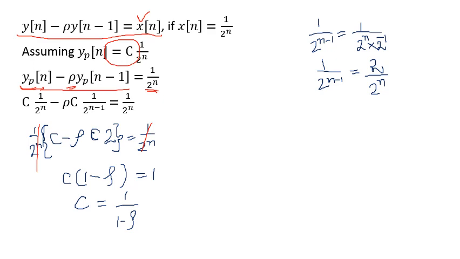Because now we have found the value of the coefficient c, replacing this in the original equation, we can see that y of p, the particular solution of this discrete time difference equation, is y of n equals 1 over 1 minus rho into 1 over 2 power n.